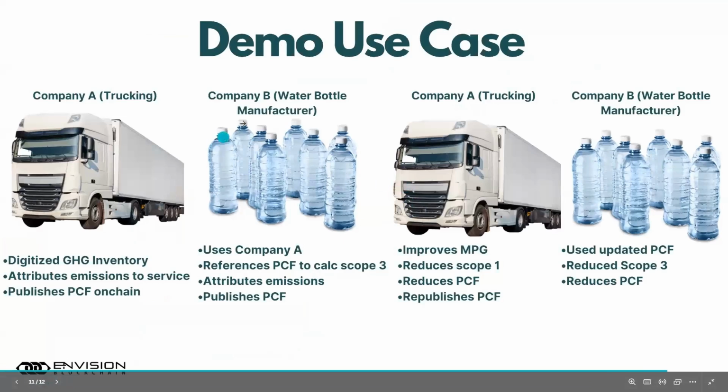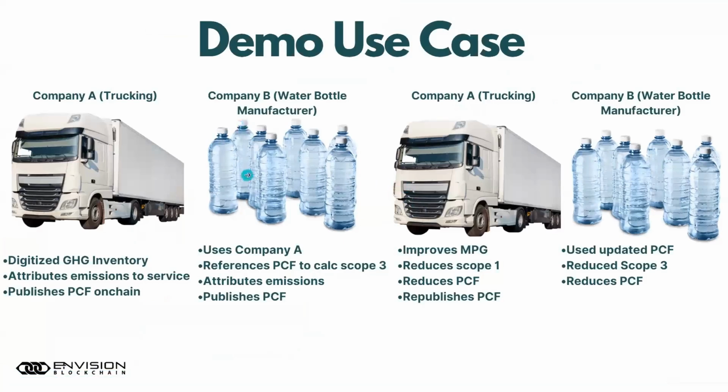So I just want to get a little bit into the demo use case right now. We're going to talk about two different companies utilizing the GHGP policy. Company A is a trucking company. They're going to digitize their greenhouse gas inventory and attribute certain emissions to their service and publish a PCF for their transportation services.